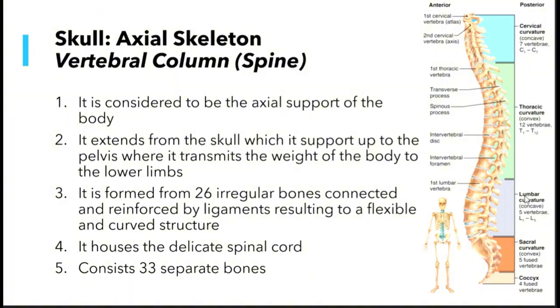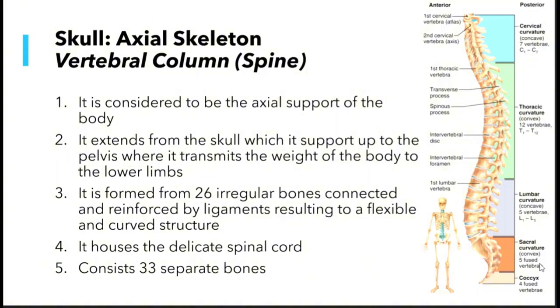Okay. During the development, or before birth, your vertebrae is composed of 33 separate bones. So let's count. 7 plus 12, 19. 19 plus 5, 24. 24 plus 5, 29. 29 plus 4, 33. So 9 of these 33 bones fused, forming two composite bones, your coccyx and then your sacrum.